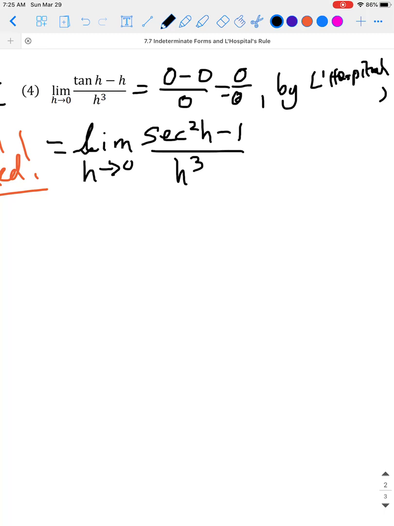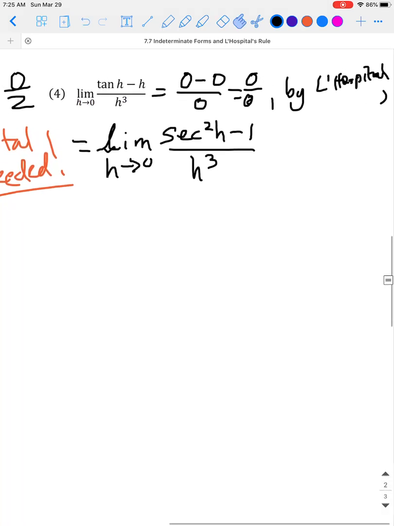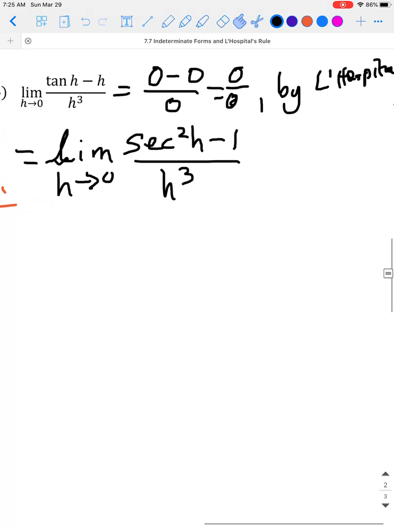So we could rewrite it as 1 over cosine squared, or we can leave it as it is. So you can take a moment if you want to work on it, see if you can simplify it in some ways, or we can just set it equal to 0 and see if we get an answer.